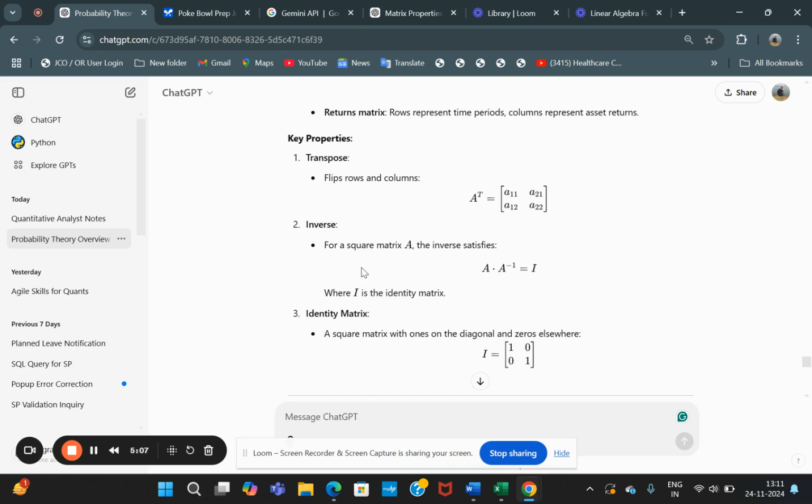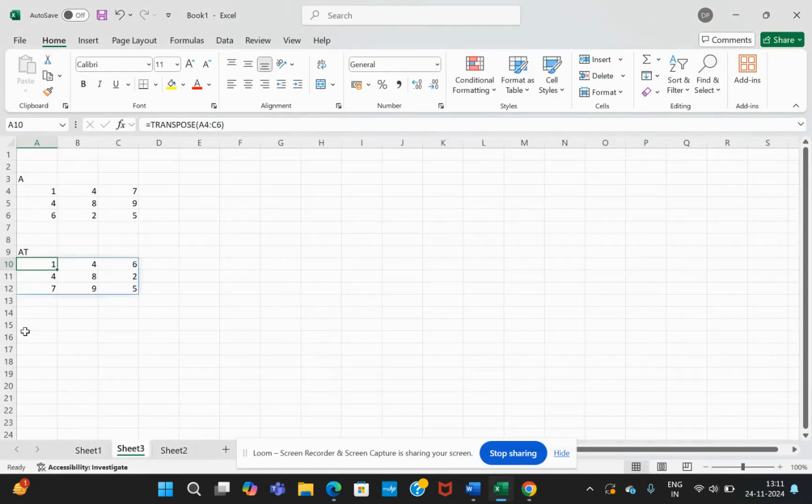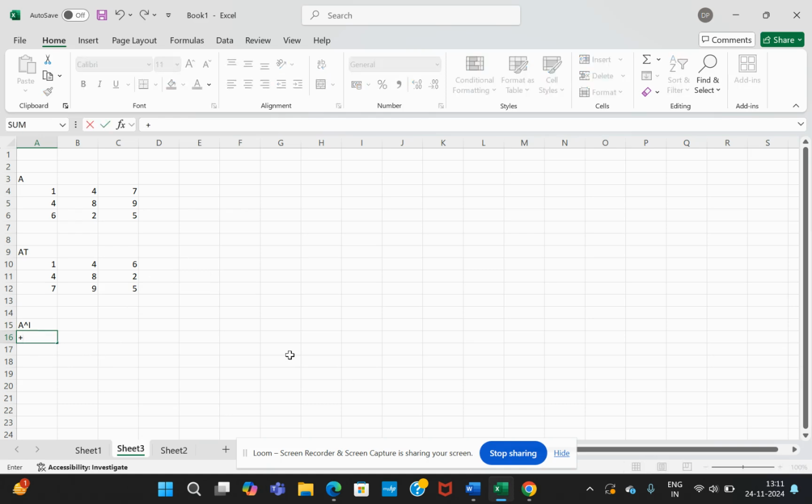Otherwise, no inverse exists. So the inverse of matrix A, written A inverse, or A to the power of minus 1. So we simply write the inverse of the matrix as equal to, let's consider the entire selection.